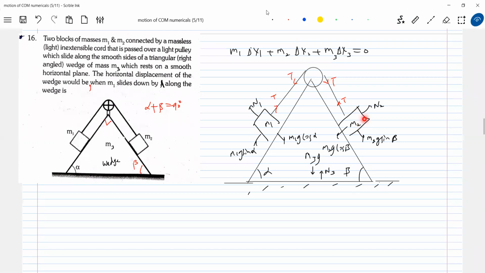You look at the block, N2 sine beta. Then that N2, we have to show it on the wedge also, no? So here that N2, I'm showing it here. And this N1.